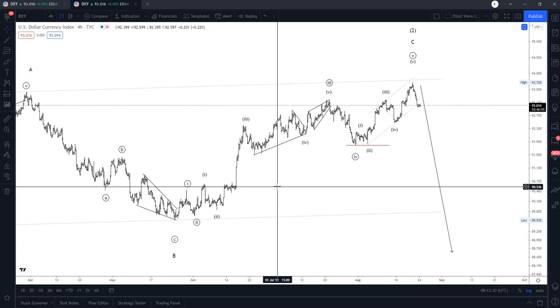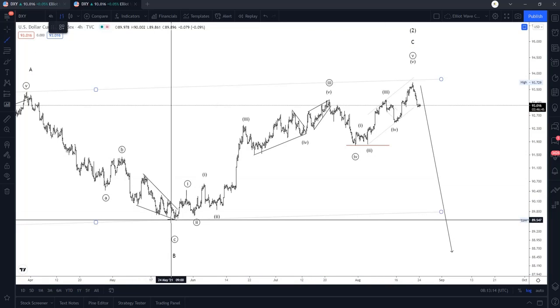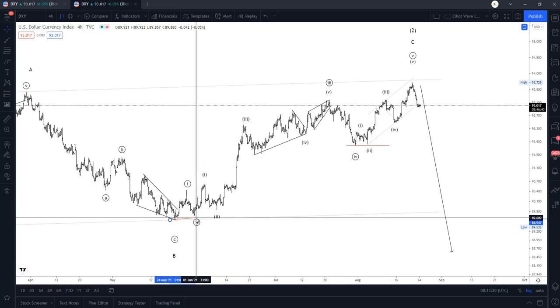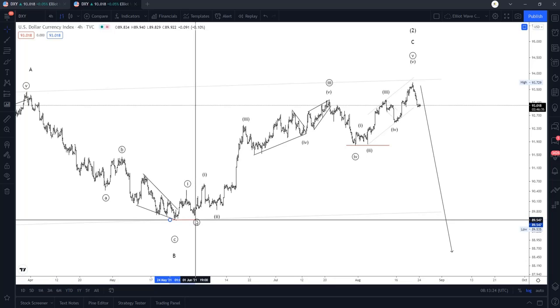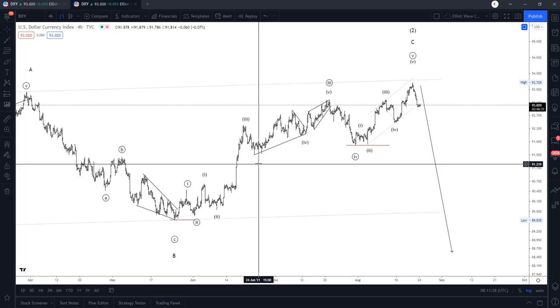The second signal would be the break of this wave B. This would ultimately be the best confirmation that we have, and this would indicate to us that the market is prepared to fall lower. The beauty of using the wave principle for confirmation is that you can use structures to identify when the market could potentially be changing trend, or when the market is now confirming a new trend.